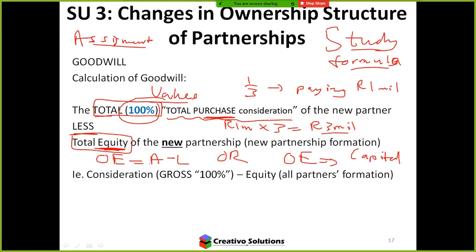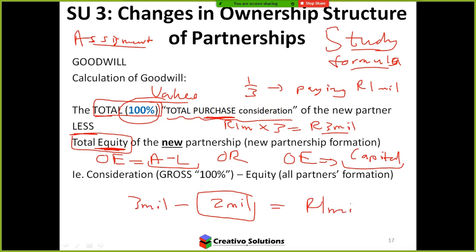You can either work it out using assets and liabilities, or you can work it out using capitals, profit and loss, drawings, and that type of thing. It doesn't matter which one you use. It just depends on the question. But it's the equity for the business. Assuming the equity was, let's say, 2 million, 3 million minus 2 million equals 1 million in terms of goodwill.